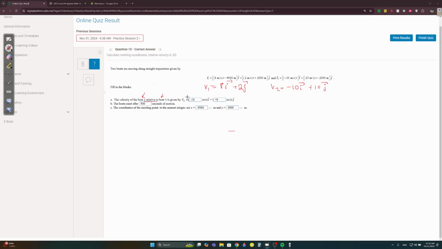I don't think you need it. You can just follow the steps of the question. Boat 2 relative to boat 1, you just do minus 10 minus 8. So it's minus 18. And then 10 minus 2, it's 8. I think you have to say plus.